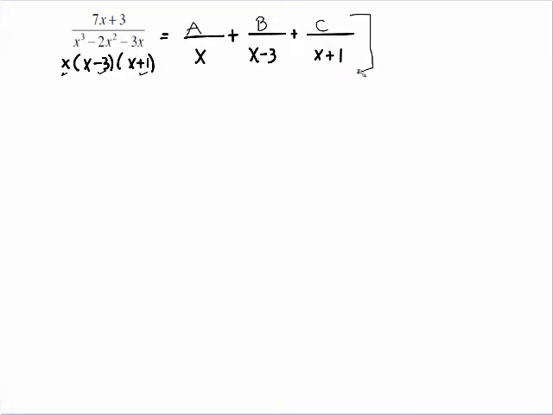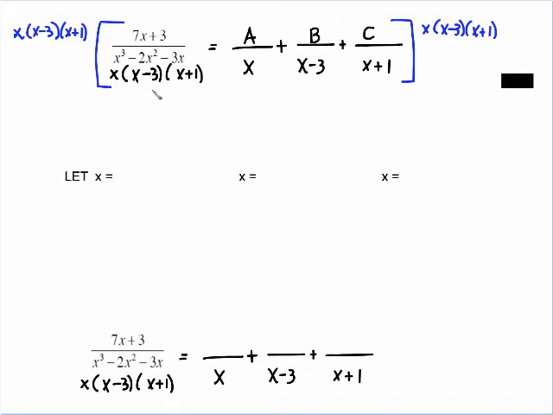The fractions will be cleared out by multiplying by the least common denominator, which happens to be x times (x minus 3) times (x plus 1). Now, when we multiply over here, this denominator cancels totally with this denominator, and we are left with 7x plus 3.